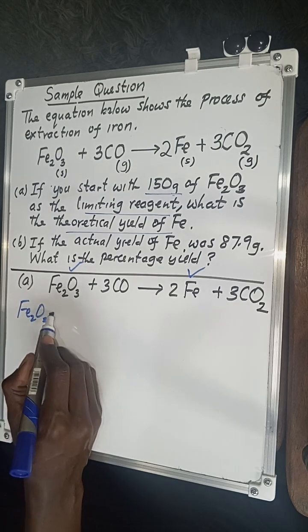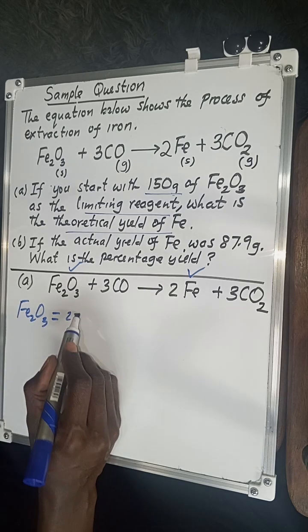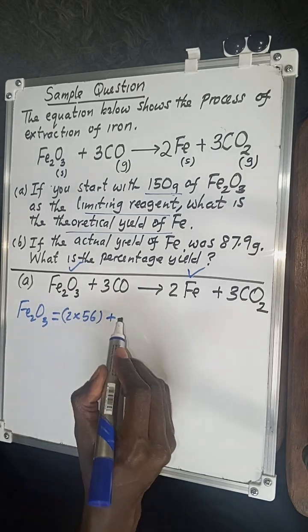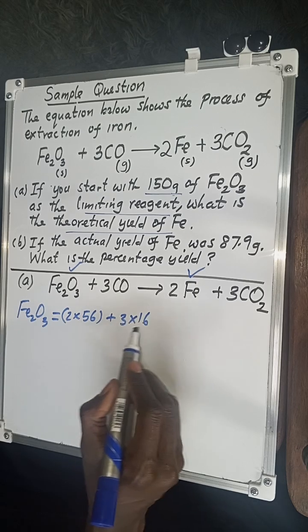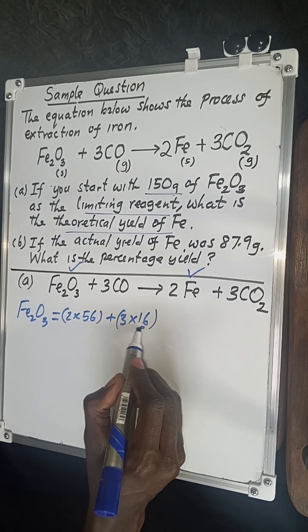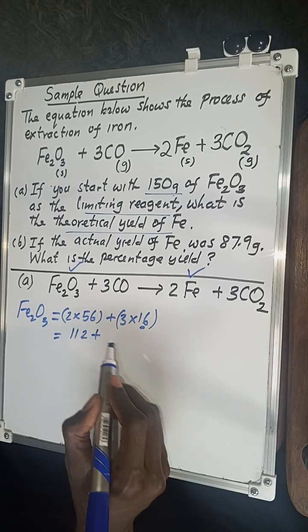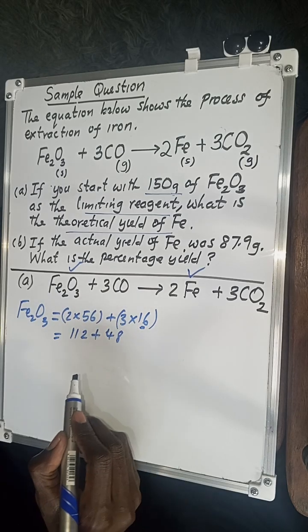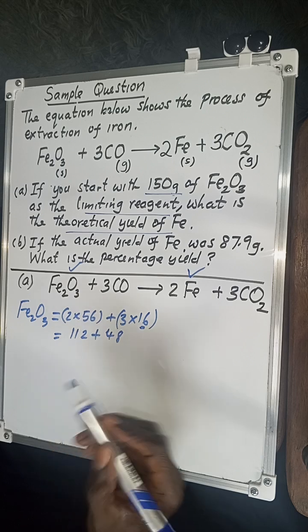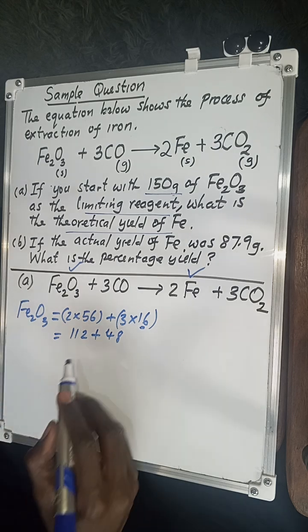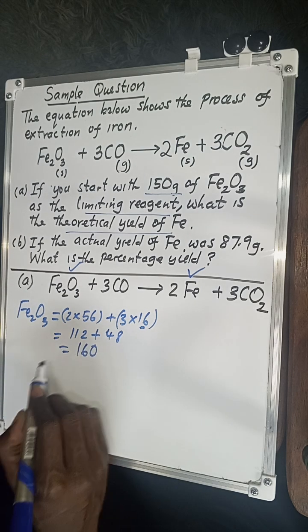Iron(III) oxide, Fe2O3: there are 2 irons, so 2 multiplied by 56, which is the atomic mass, plus oxygen, there are 3 times 16, the atomic mass of oxygen. So that gives me 112 plus 48, which is 160.